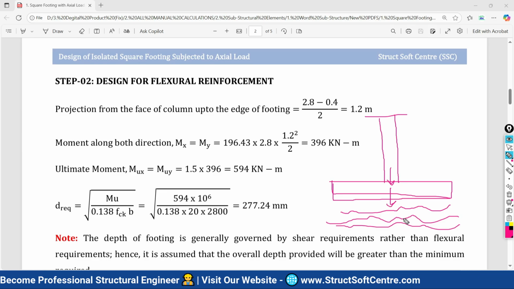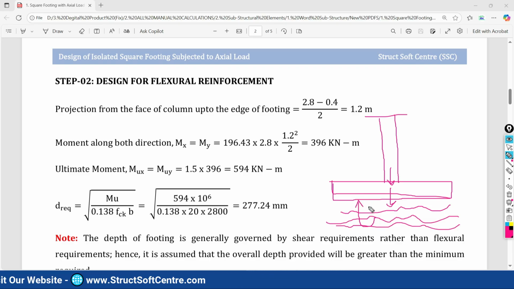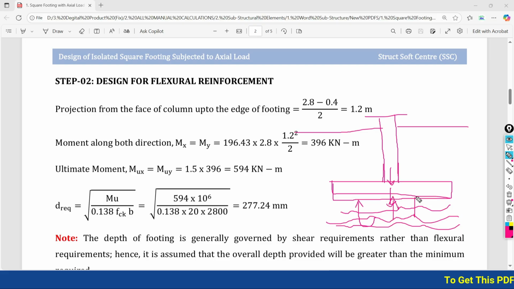Against this action, the soil imposes a reactive force, upward soil pressure at the base of the foundation. The load is transferred through this portion only, and against this action there is a reaction at every point.